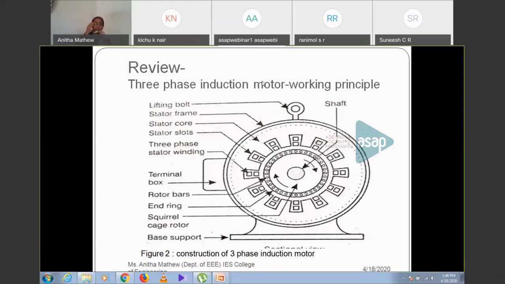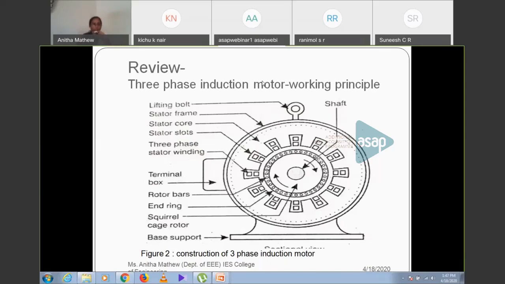The cause is the relative motion between the rotating magnetic field and the conductors. So in order to oppose the cause, the rotor has to reduce the relative motion between the speed of the rotating magnetic field and the rotor. So the rotor starts to rotate in the same direction as the rotating magnetic field.